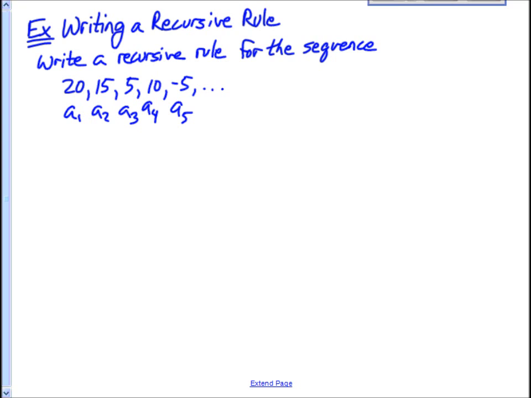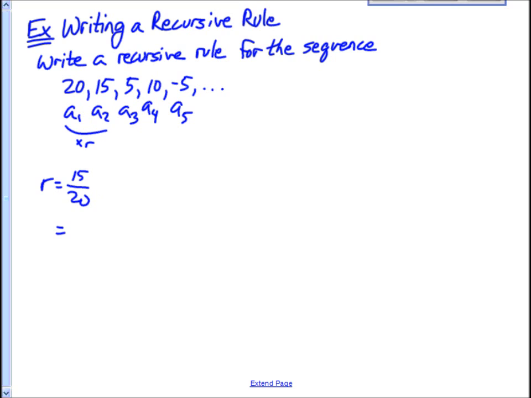Is it arithmetic? Well, you're looking at it and you're like, well, it looks like it goes down 5. Does it go down 5 again? It goes down 10 and then it goes up 5. Wait a minute, that's not arithmetic, is it? Well, was it geometric? Is 15 divided by 20, does it multiply by the same thing? Here, what's our r? It's 15 over 20.